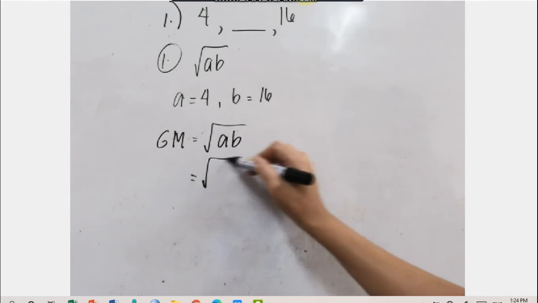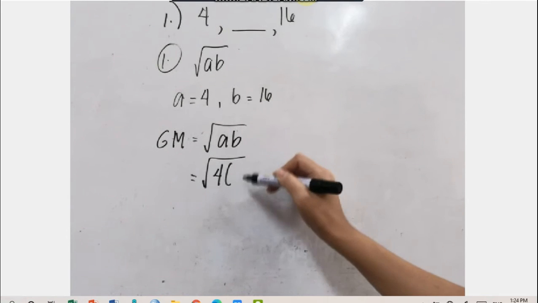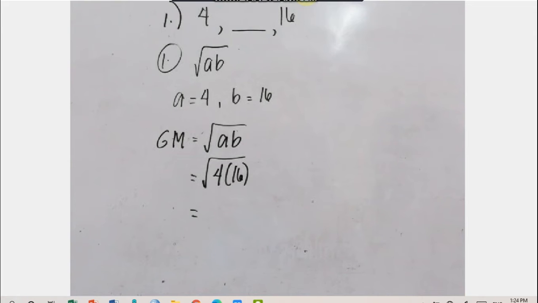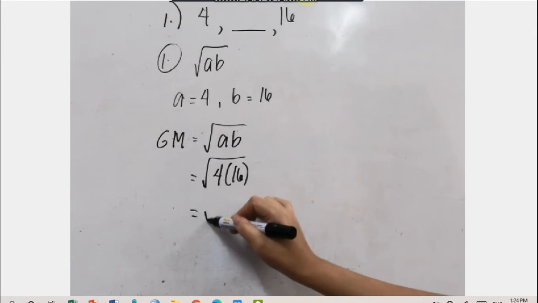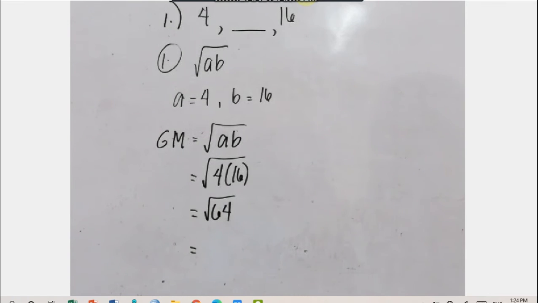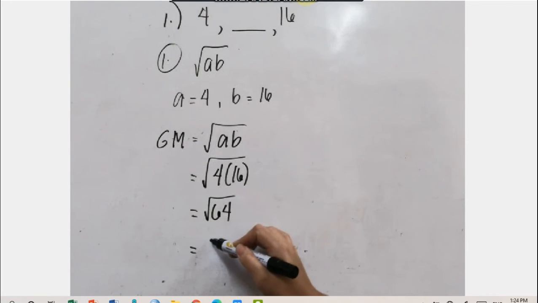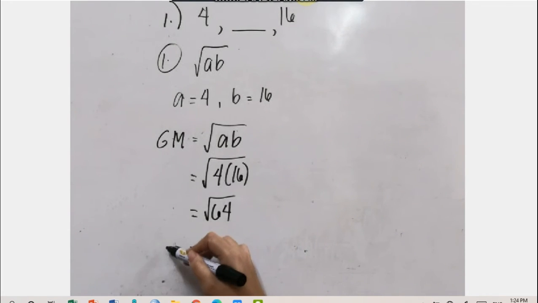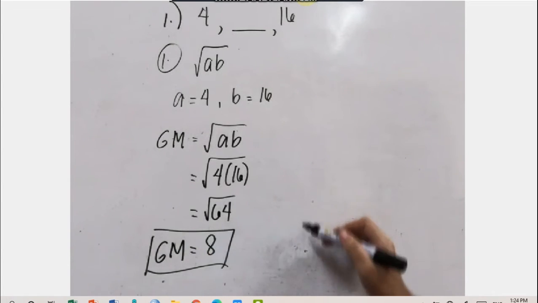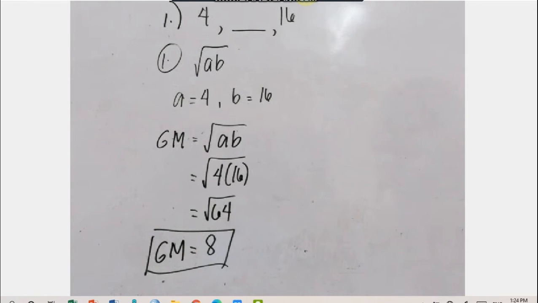That will give us 4 times 16. 4 times 16 is equal to 64. So what is the square root of 64? Yes, the square root of 64 is equal to 8. So our geometric mean now is equal to 8.